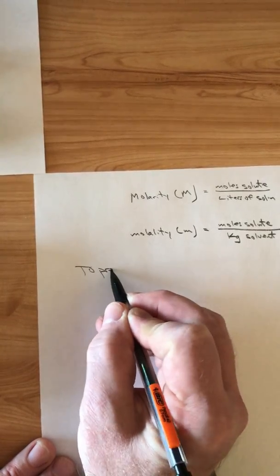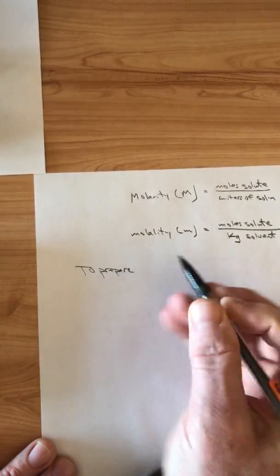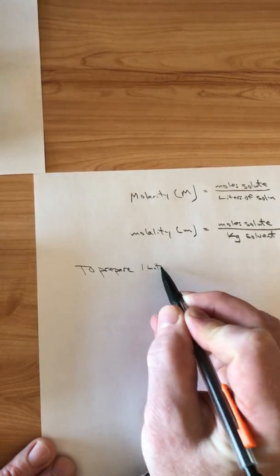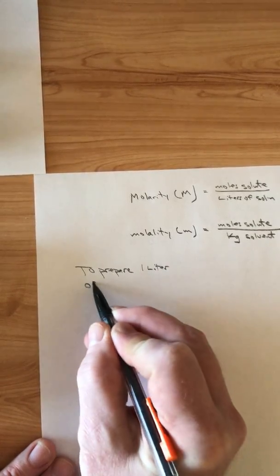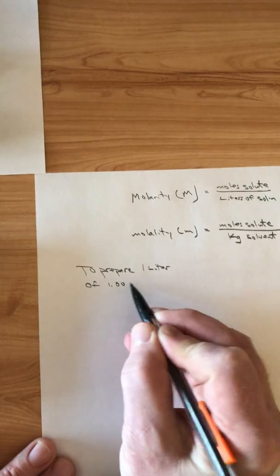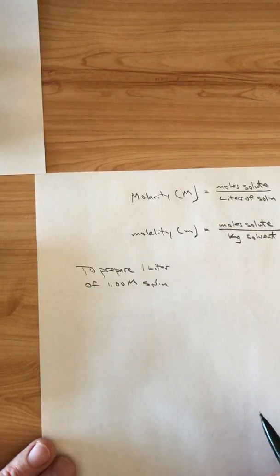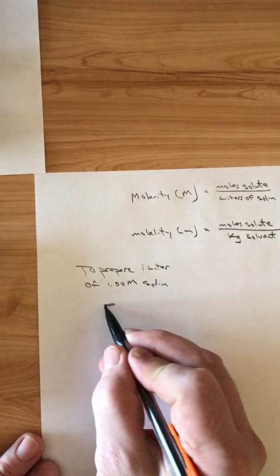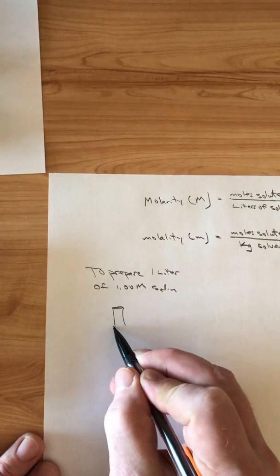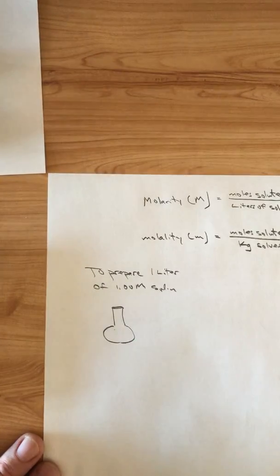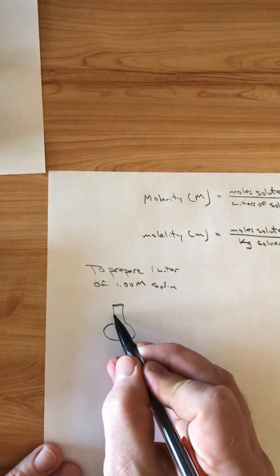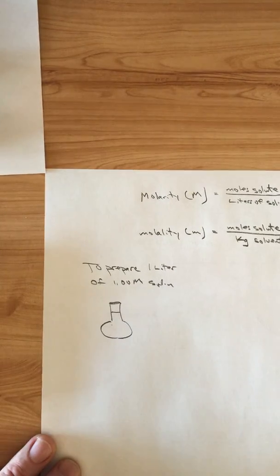To prepare 1 liter of 1.00 molar solution, you're going to use a volumetric flask. It's a round bottom flask. It's got a line scratched into it. It tells you when the bottom of the meniscus hits that line, that's exactly 1 liter.